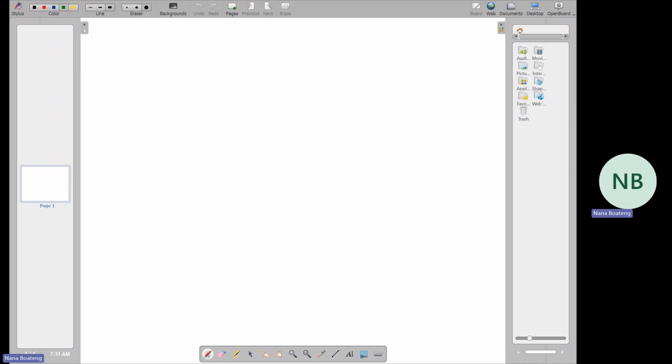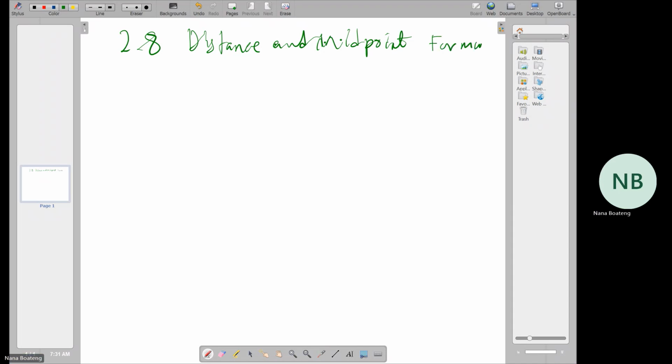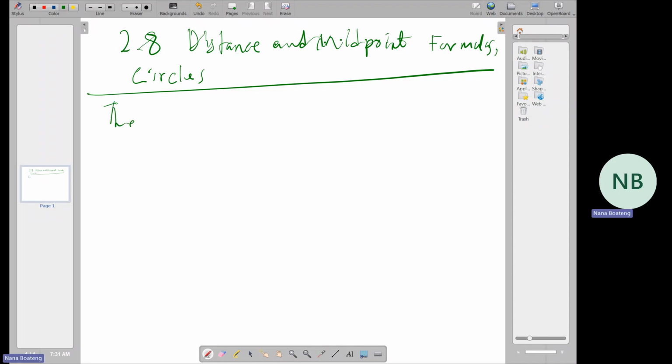So this is section 2.8, and we are discussing distance and midpoint formulas, and also circles. Let's start with the distance formula.